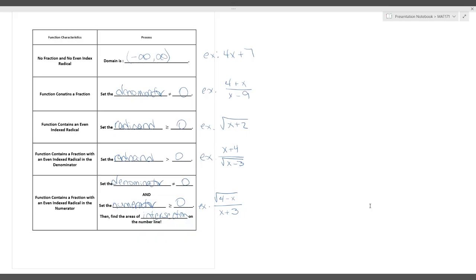If the function contains a fraction with an even indexed radical in the denominator, then the radicand is strictly greater than 0. And if the function contains a fraction with an even indexed radical in the numerator, the denominator is not equal to 0 and the numerator is greater than or equal to 0, and find the areas of intersection on a number line. And I have included an example for each one of these.